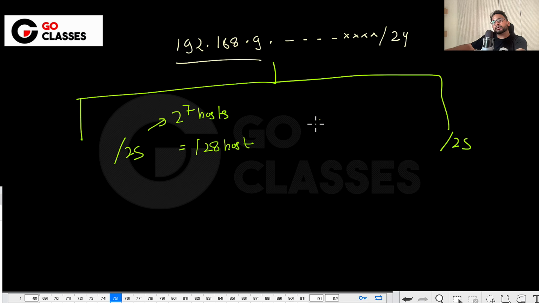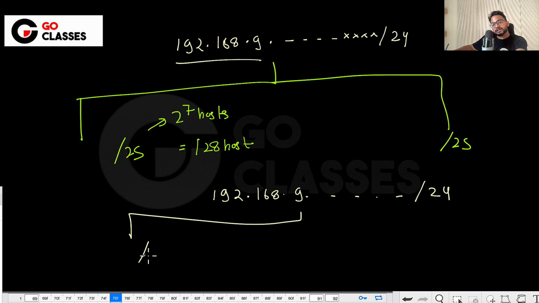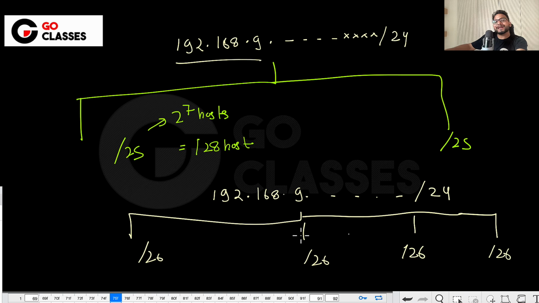You can divide into two parts or four parts. Another option is to use 2 bits, which divides into four parts, so every part will be /26. Every part will have 64 hosts. Obviously not useful, right?